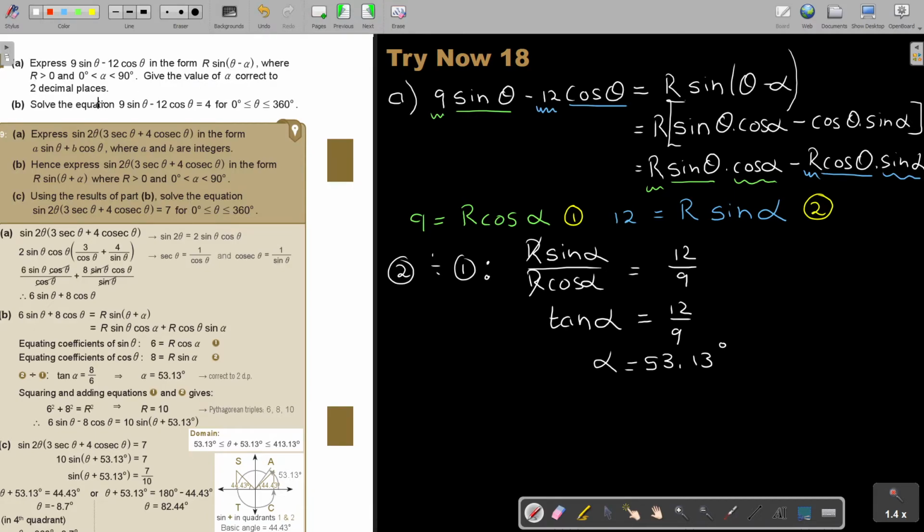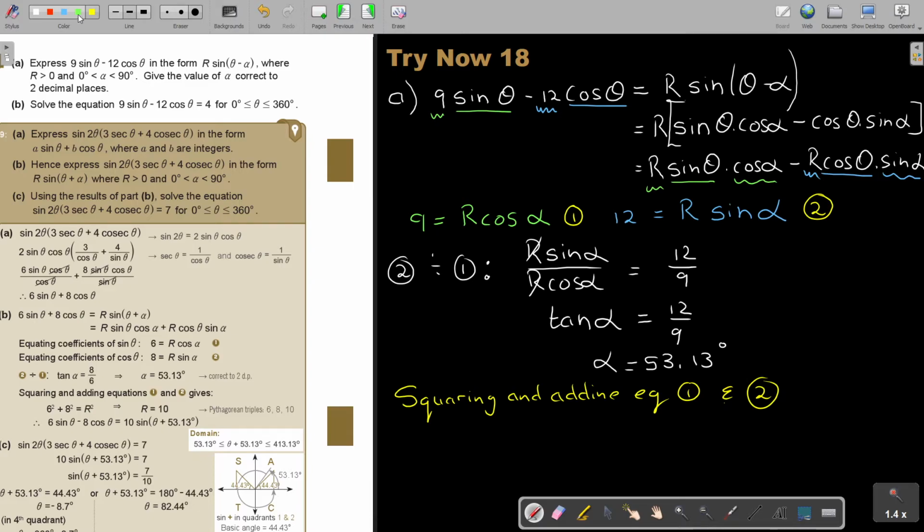But now I must still find the value of R. Now, how do I do that? I'm going to square both equations, and I'm going to add that up. Just like I said here. Square and adding equation 1 and 2.